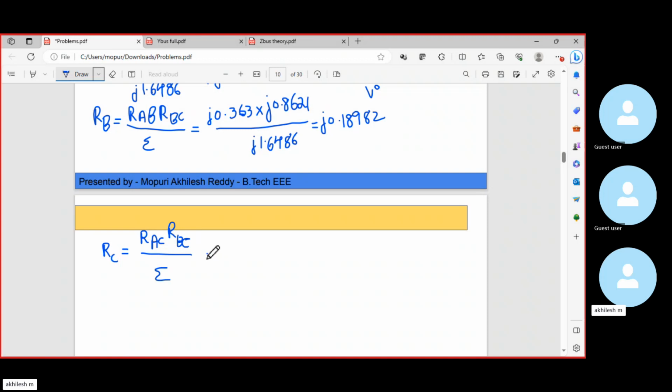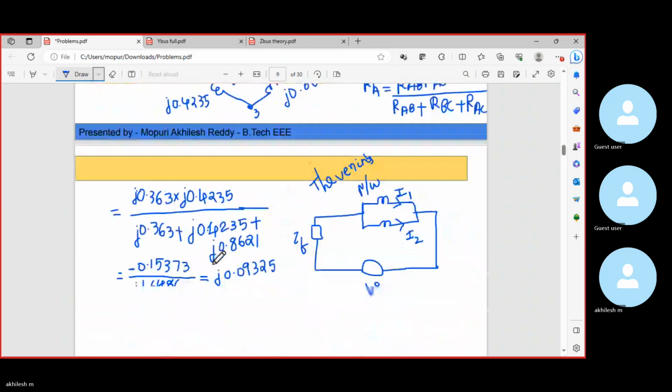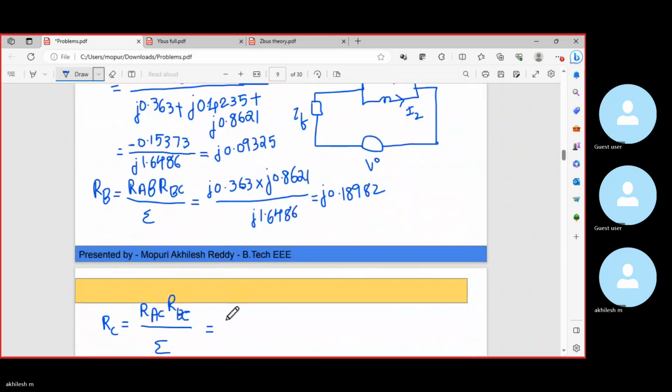So we need to find RAC, which is J 0.4235 into J 0.8621.